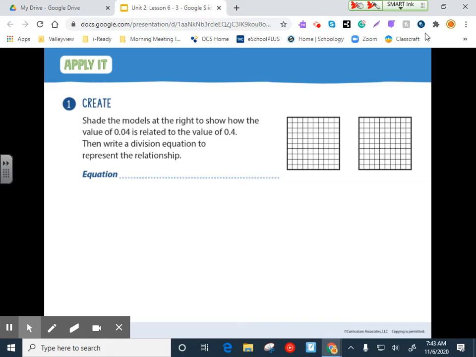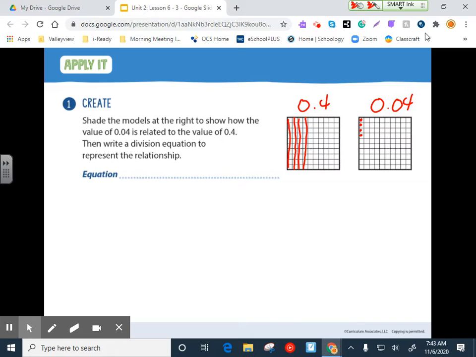For this one on the left, let's just write 4/10 right above there. So 1 group of 10, 2 groups of 10, 3 groups of 10, 4 groups of 10. So that's 4/10 of one whole that one of these grids would represent. And then over here, we want to write 400ths. So 1, 2, 3, 4. So 4 out of those 100 or 400ths is that.